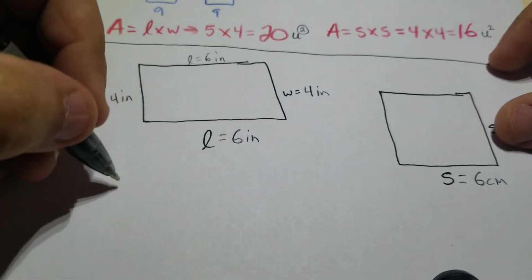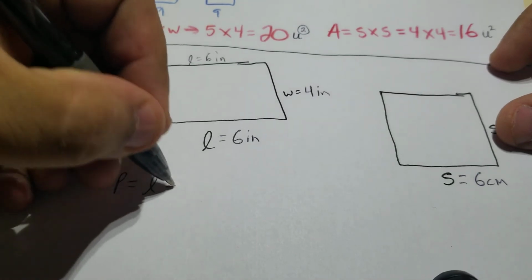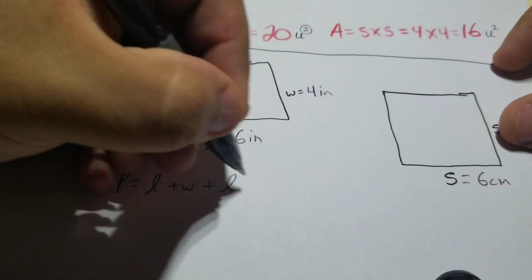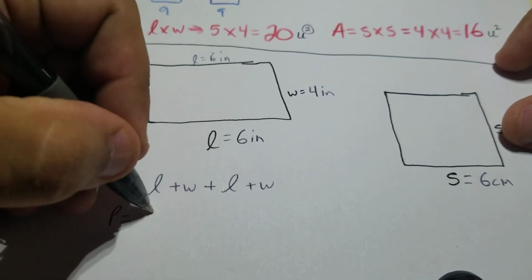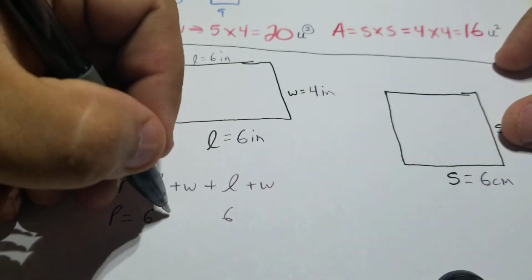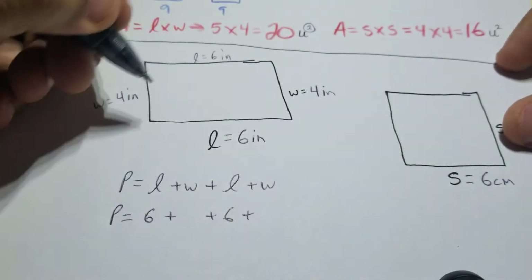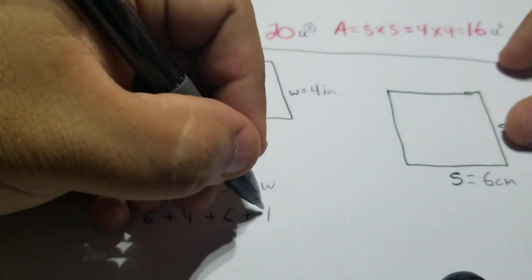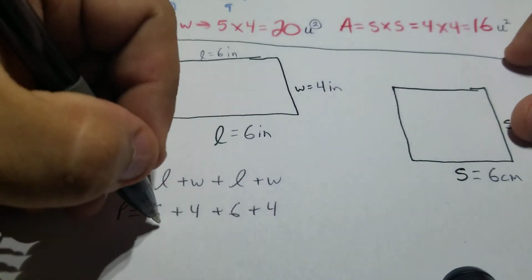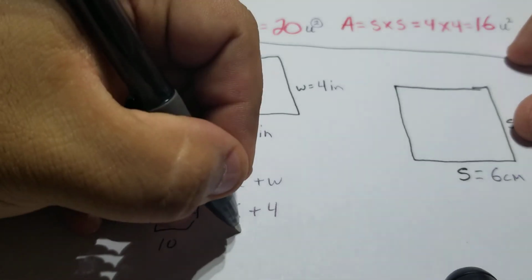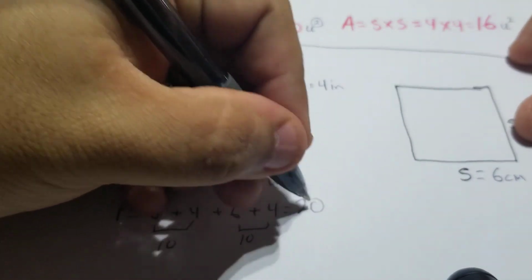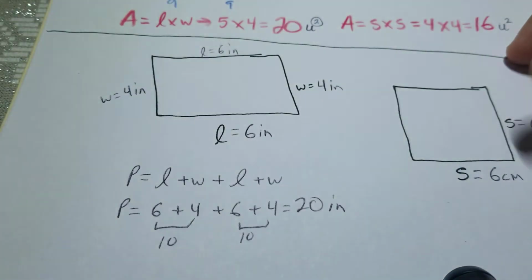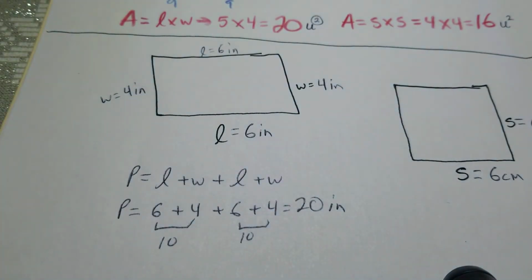So once again, perimeter is equal to length plus width plus length plus width. So wherever I see an L, I'm going to exchange it for a 6. And where I see a W, I'm going to exchange it with 4. So when adding those all together, 10 and 10, that'll give me 20 inches for the perimeter.